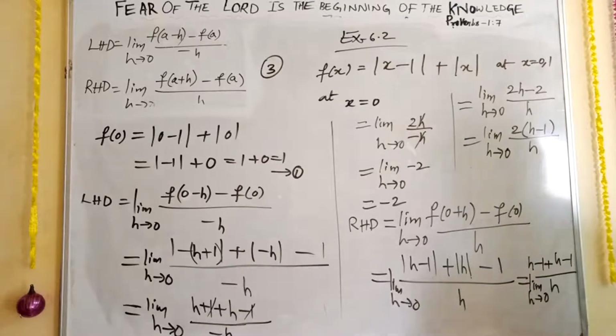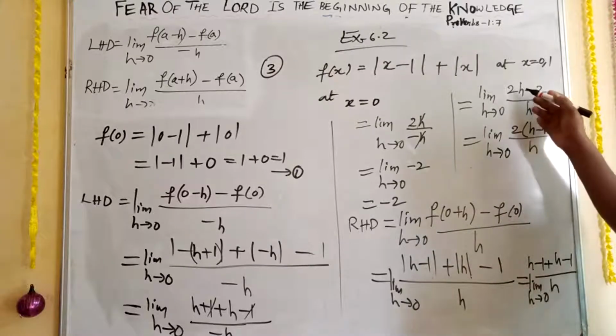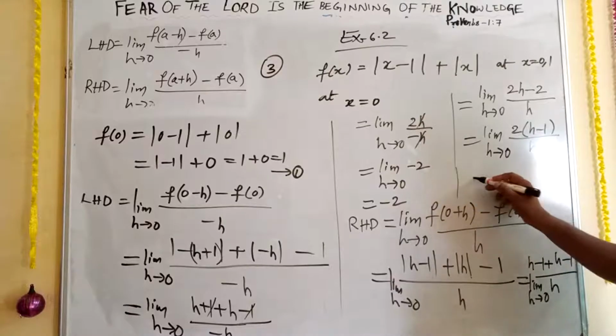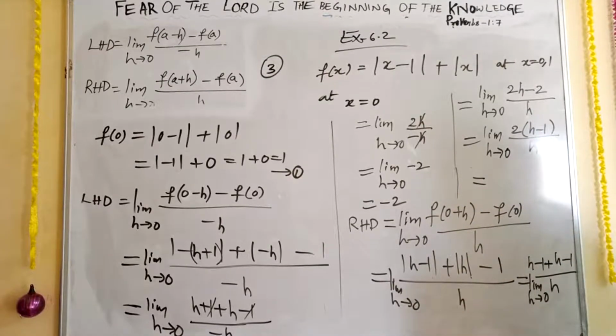Is anything else left in this place? Right, h plus h, 2h minus 2 upon h. So now directly substitute h equal to 0. Then what are you going to get? Let me check here whether there is any possibility to cancel.